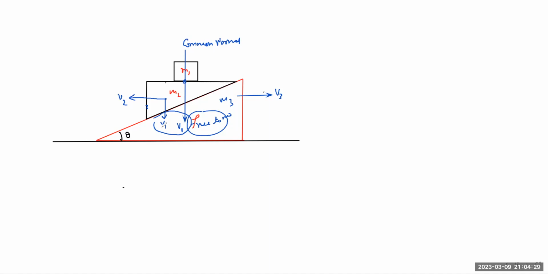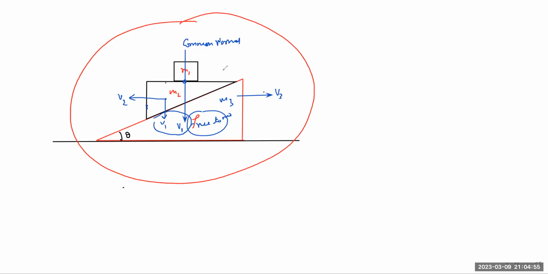Conservation of linear momentum. There are no horizontal forces here, right? And in the absence of horizontal force, the momentum in the horizontal will be conserved, right? So in the horizontal direction, the momentum of the system must be conserved, isn't it? Why? Because you have to also think as a whole system. When you solve a question like this, you have to think about the individual and think about the whole also.